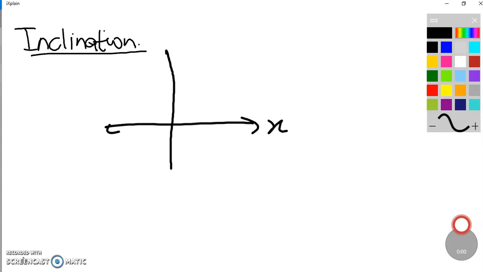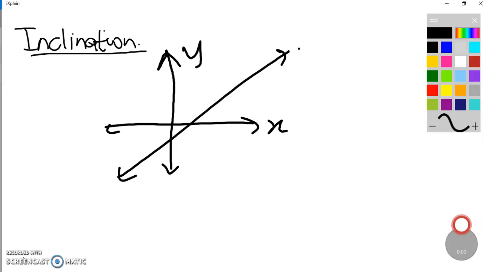These are the x-axis and these are the y-axis. If we have a line with a positive gradient and you want to measure the angle of inclination, it is measured from the x-axis to the line in an anti-clockwise direction. So I can name this angle as theta.